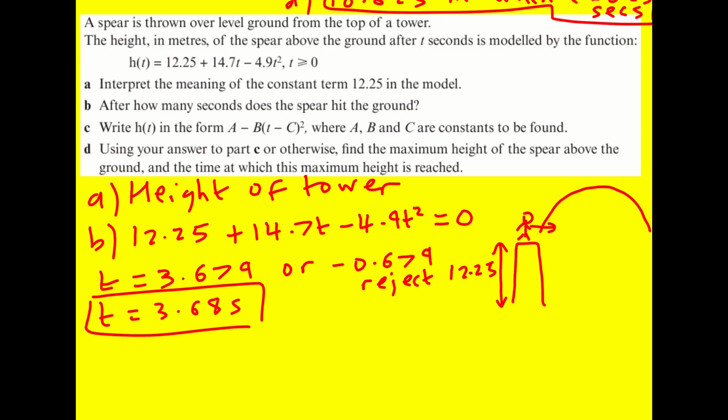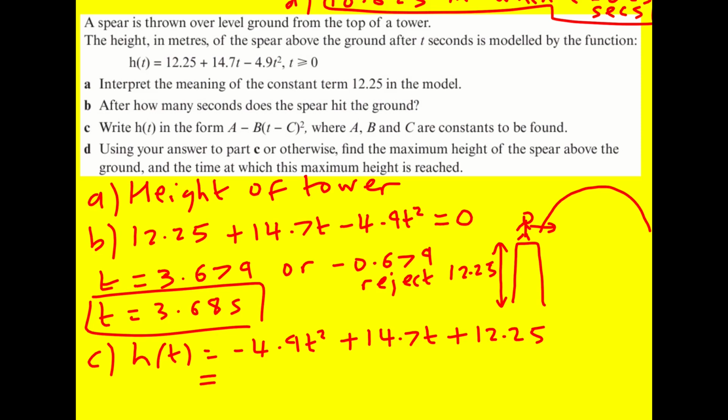Okay. Part C, we have to complete the square again. Factorize out that minus 4.9.